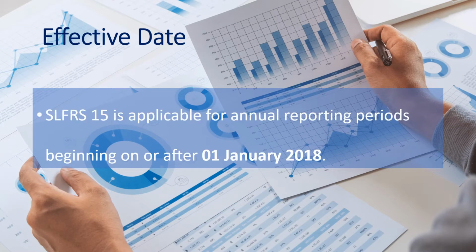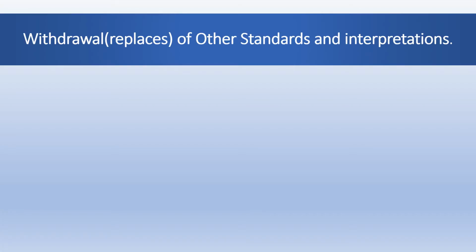The new SLFRS-15 provides a single comprehensive framework for revenue recognition, eliminating variations in revenue recognition practices arising from the existence of a series of standards and interpretations. SLFRS-15 has replaced or withdrawn some of the other standards as well as interpretations.